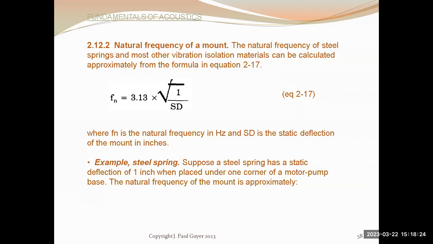So if you do the calculation indicated in equation 217, and it looks like the natural frequency of the spring isolator is going to be close to the forcing frequency imposed by the fan, then you need to just select a different spring isolator. This is just one of those little back of the envelope type things that you should do with a fan room.